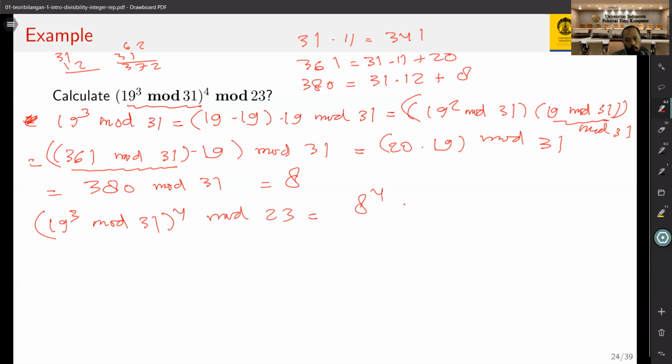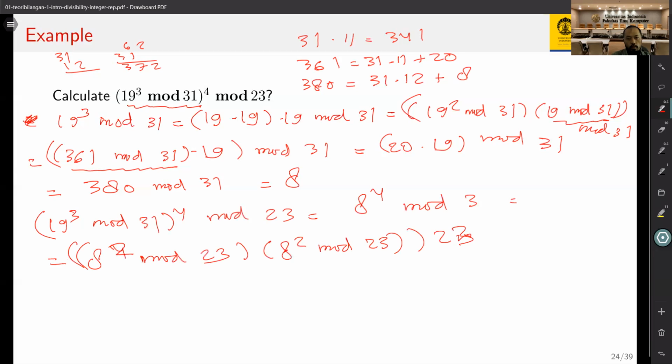to the power of 4 mod 23, which is 8 to the power of 2 mod 23 times 8 to the power of 2 mod 23, and then mod 23. That is 64 mod 23. 64 is 23 times 2 plus 18.